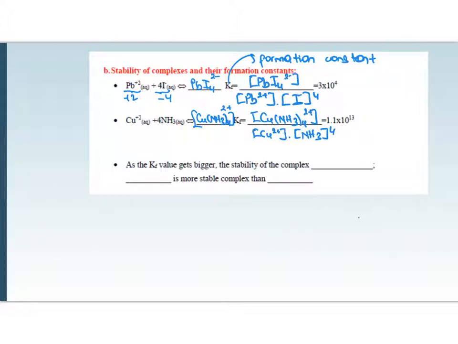Now we said that if the formation constant is higher than the other one, that means that complex is going to be more stable. So as the Kf value gets bigger, the stability of the complex increases. So this means that the second complex, which contains copper 2 plus, is more stable than the first complex.